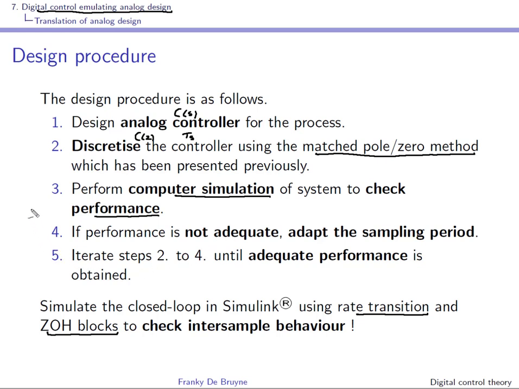So you'll have to go back to step 2, discretize the controller with this new TS, and again do the computer simulation, check performance, and you do this until you have an adequate performance. In practice, the performance with your digital controller is not the same as the performance with your analog, but very similar.